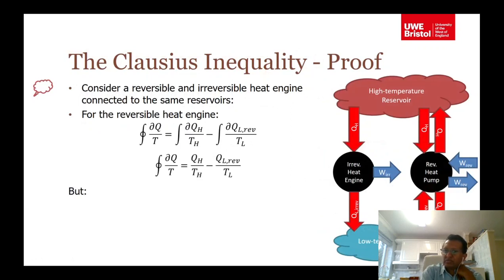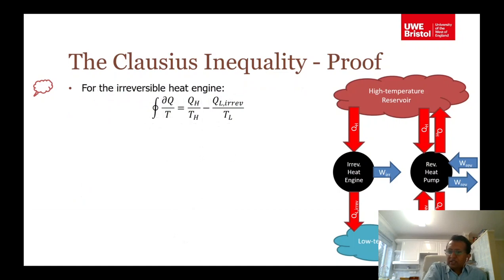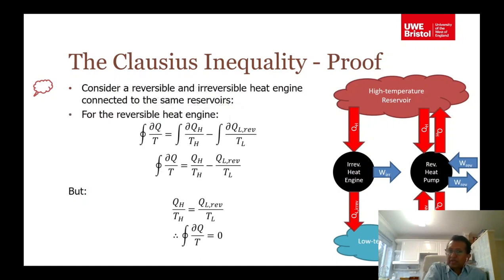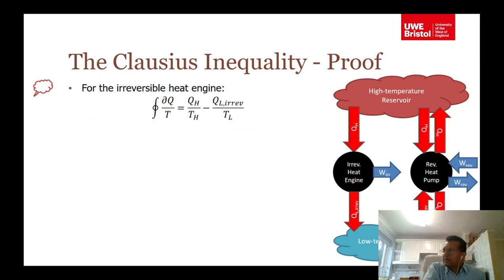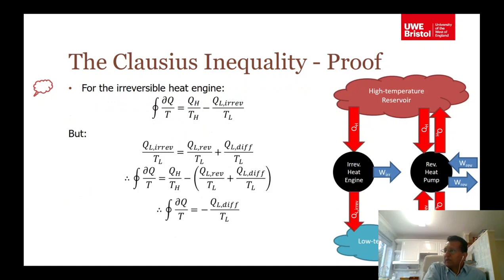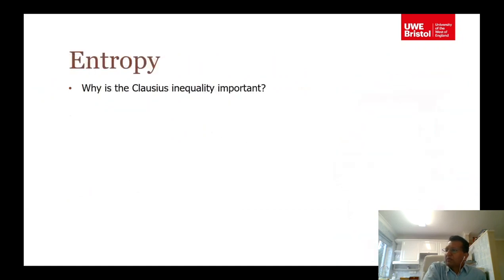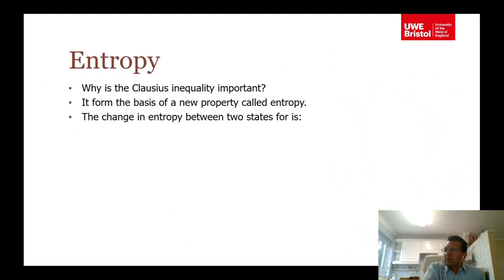That can again be proved. For a reversible cycle, the cyclic integral of delta Q over T is equal to 0. For an irreversible cycle, this has to be less than 0.